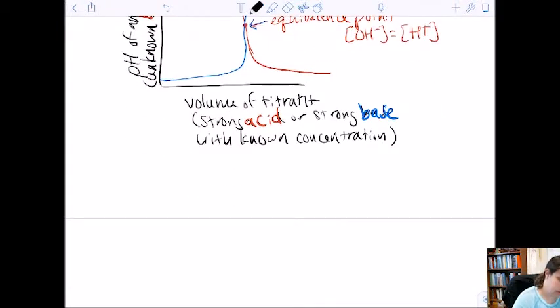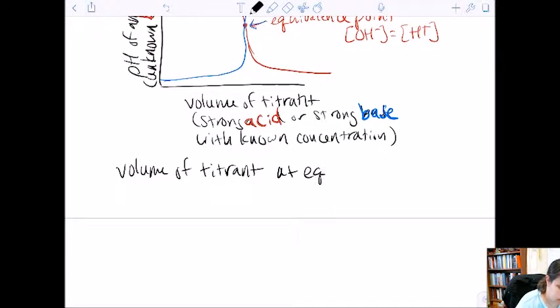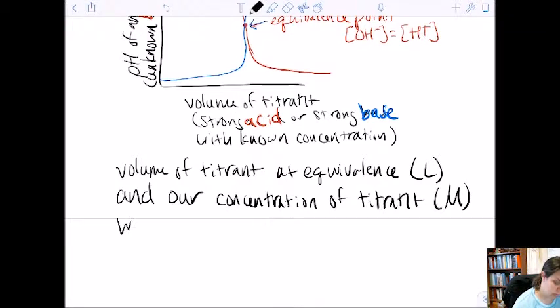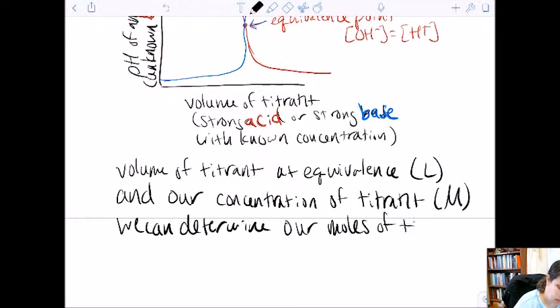Okay, so using our volume of titrant at equivalence, and our concentration of titrant, we can determine our moles of titrant to reach neutralization.